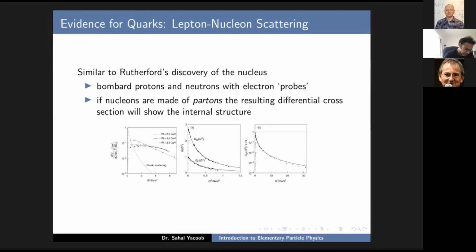So the two plots on the right are the ones we've just been looking at. The one on the left is showing us, as a function of how much energy is transferred from the electron to whatever is in the proton, what we see from this structure function.